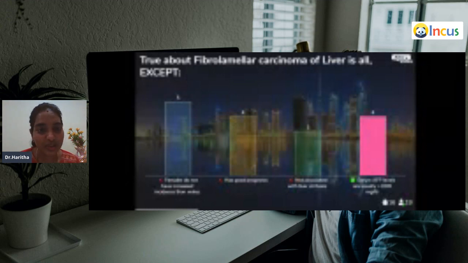But why do you think the answer is serum AFP levels are usually more than 1000 mg per liter?